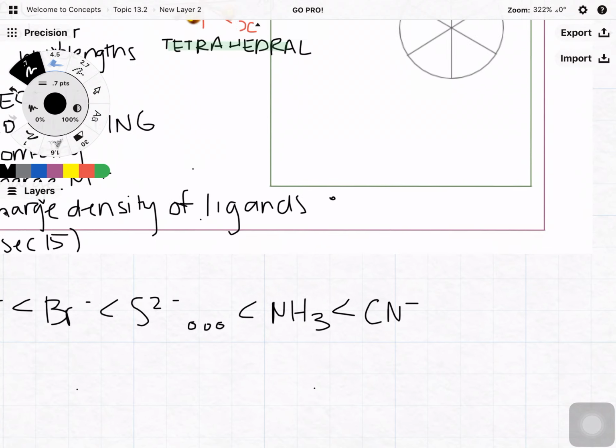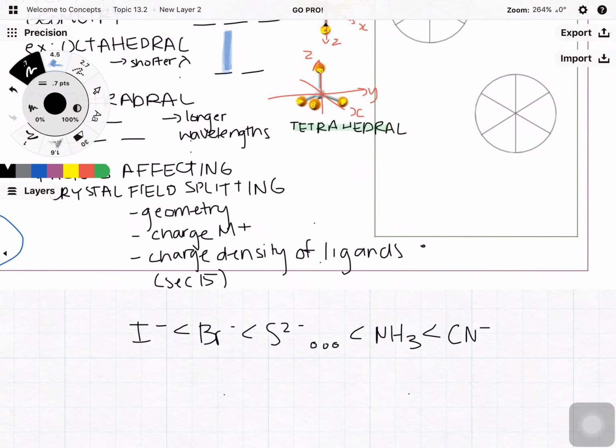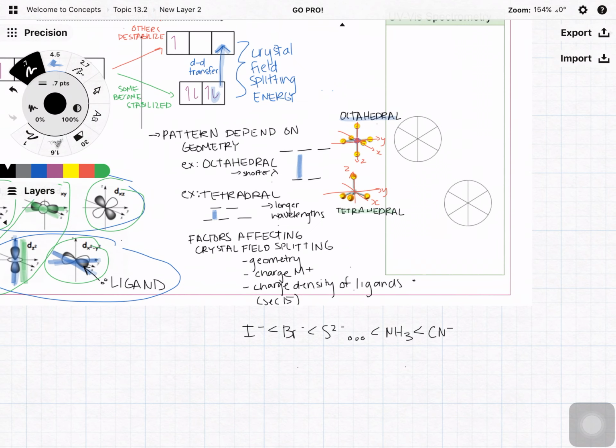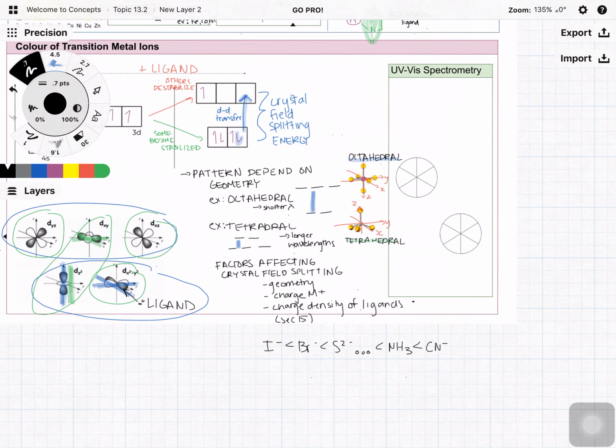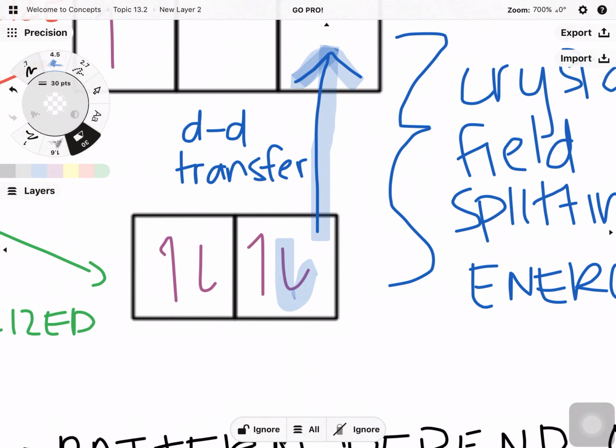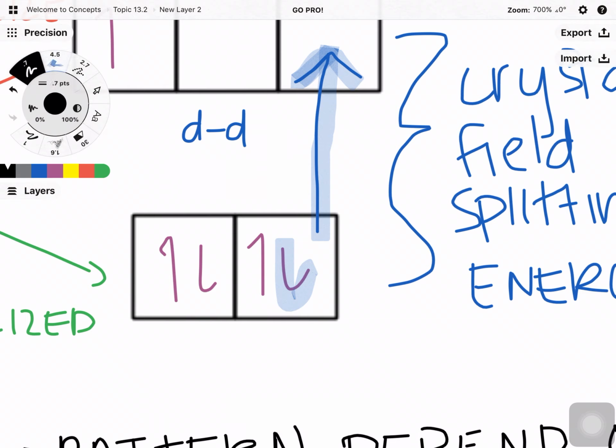Okay, so this can be found in your table 15, and basically the stronger the field ligand is, the more splitting will occur. The greater the distance between the split d orbitals, and the more energy is required for these electrons to make this d to d transition. That should say transition. D to D transition.